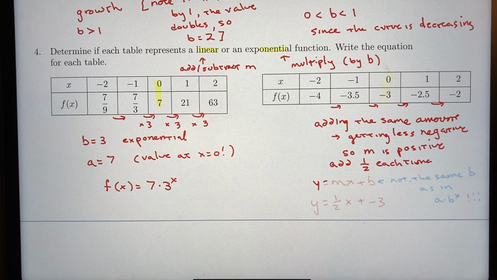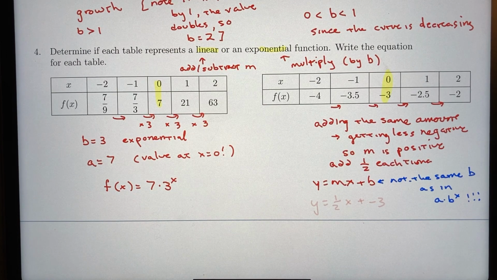So we have y equals mx plus b. I would like to point out that this is a different b. It's the old-fashioned y-intercept b. Oh, look, there's the y-intercept.